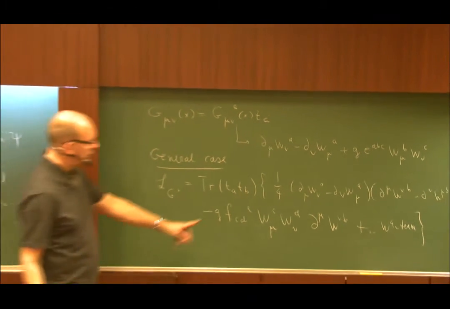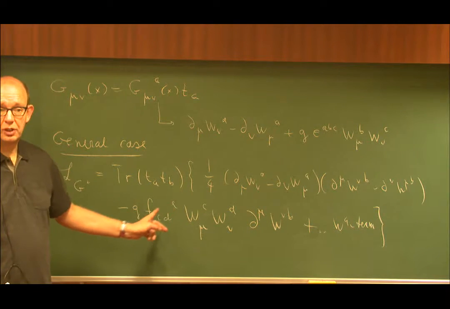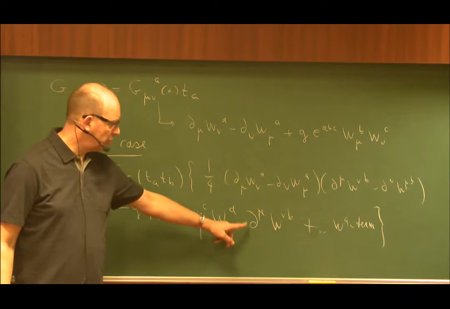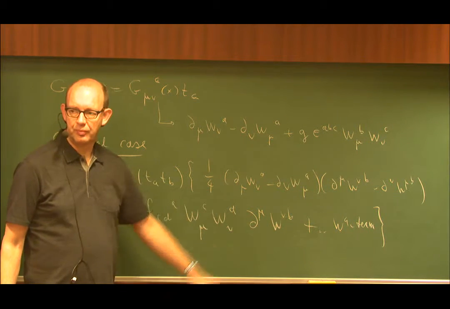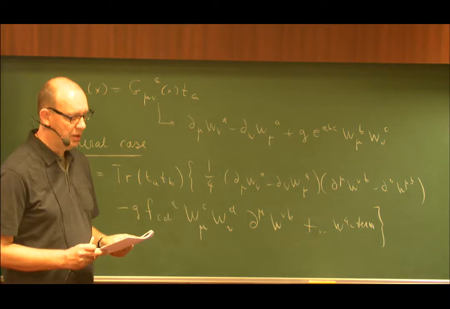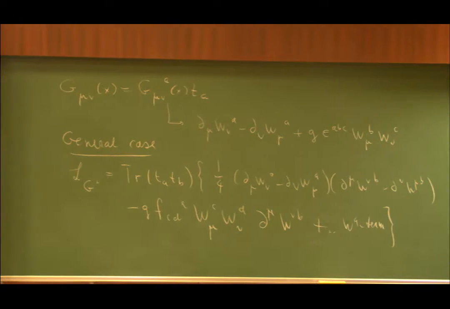This is a bit trivial here. Here already I've used the commutator relation. You see a structure constant. You see here three W fields, but one has a derivative. And I think one of the problems we'll assign today is to see if you can derive the Feynman rule from this term. We'll get to that also in just a second. But that's just written out now.